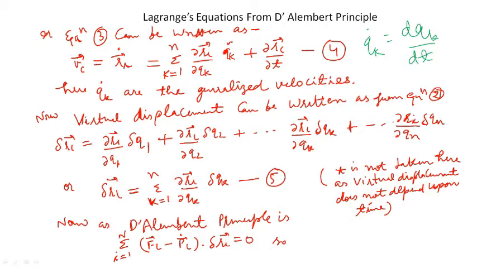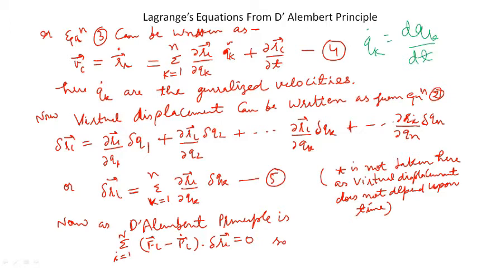So now the virtual displacement can be written as delta Ri is equal to del Ri over del Q1 into delta Q1 plus del Ri over del Q2 into delta Q2 plus del Ri over del Qk into delta Qk plus del Ri over del Qn into delta Qn.